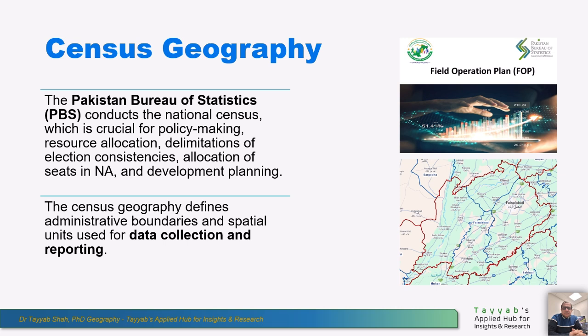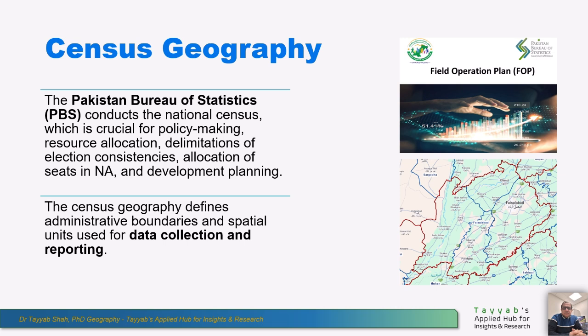First, you need to run the census, so you want to collect the data. You need some framework, a spatial framework or boundaries, to collect the data. The second one is when you have the information, there is a publication to disseminate that information.